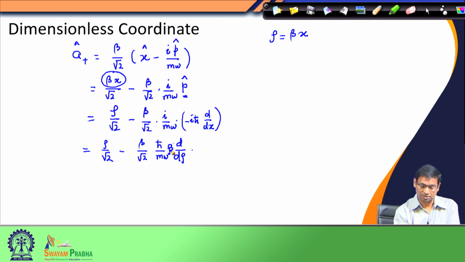I am sorry, this is beta. So d by dx becomes beta into d by d rho. So I have beta here, beta square, and if you remember, h bar divided by m omega is 1 over beta square. Therefore, this term becomes rather simple.